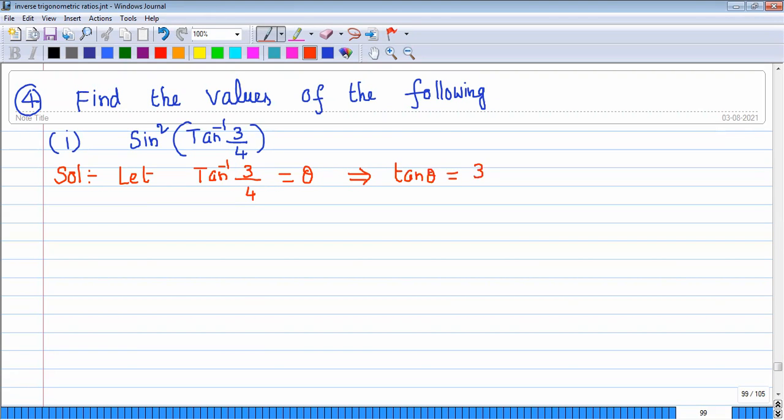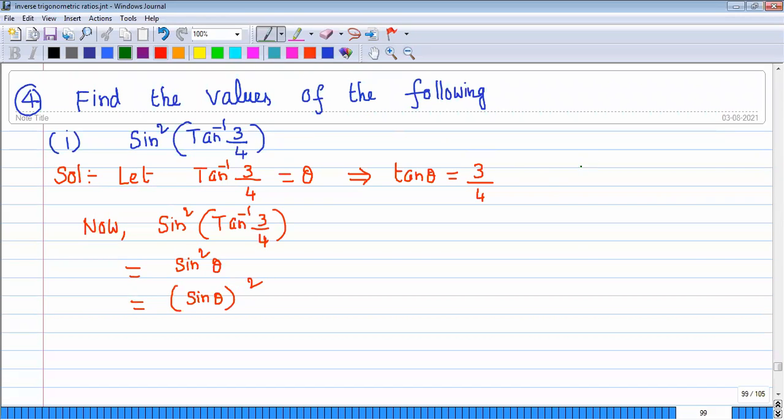Now you need to find the sine square of tan inverse 3 by 4, or we can write sine square theta, that is, sine theta whole square.